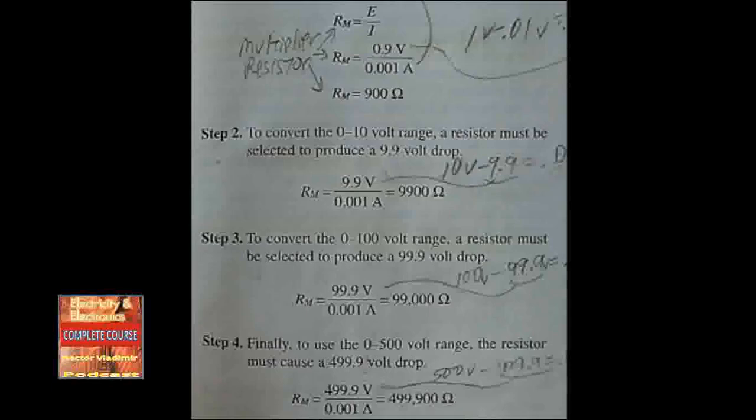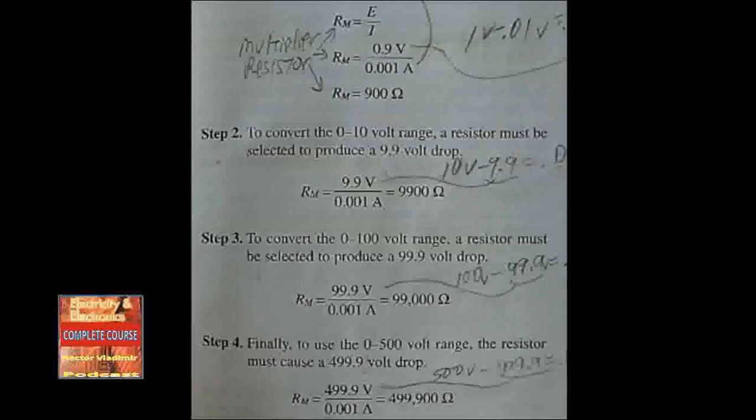To convert to the 0 to 100 volt range, a resistor must be selected to produce a 99.9 volt drop. 99.9 volts comes from 999/1000 of 100 volts, which is the maximum range, and that is 99.9, the voltage drop required from the resistor multiplier. So using Ohm's law again, the resistor multiplier equals 99.9 volts divided by 0.001 amp, or 99,900 ohms.